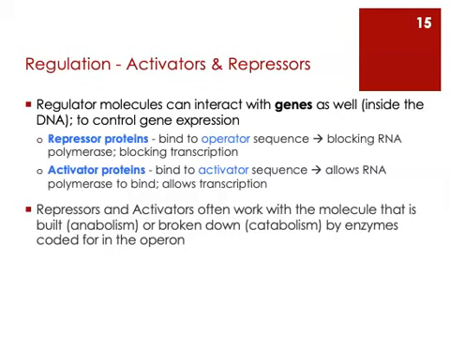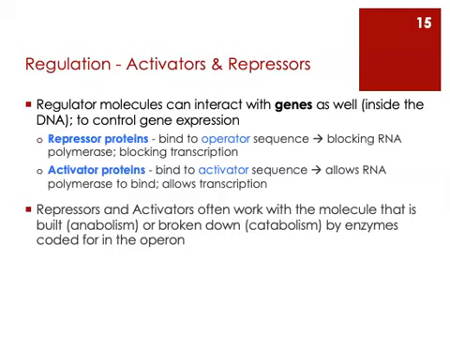Sometimes, though, regulatory molecules actually interact with the gene itself. So we're talking about the time after the DNA strands have been separated from each other, after the gene itself is exposed, when the RNA polymerase enzyme would come in and begin this process of transcription.